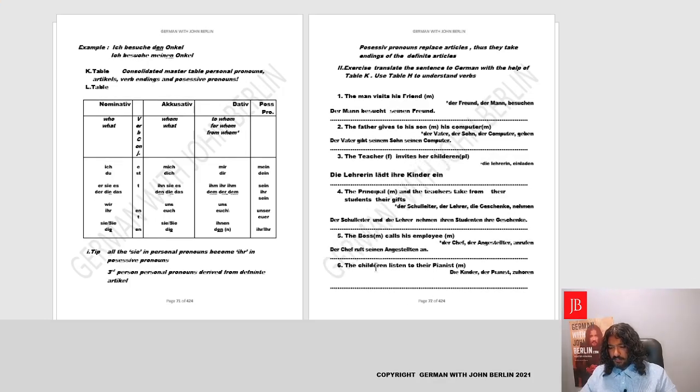Okay, now I'll do one more with you. And that's basically the children listen to the pianist. Yes. Now the verb is to listen. We'll come to it. But first, the children. So who listens to the pianist? It's the children. It's plural. So we'll go to die and we'll write here die Kinder. Kinder means children. Listen, the verb is zuhören. It's again a two-part verb.